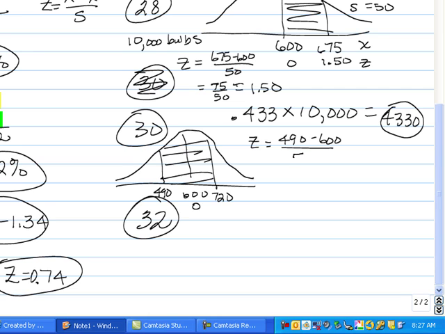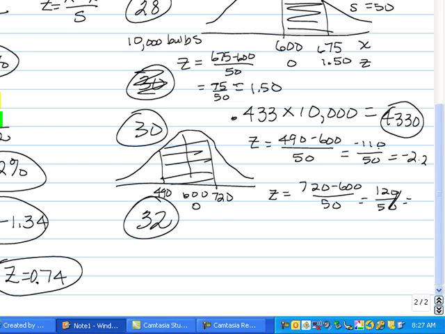divided by 50. Okay, 490 minus 600 gives us a negative 110 divided by 50 gives us a negative 2.2. Okay, and our other z-score will be 720 minus 600 divided by 50, which is 120 divided by 50.